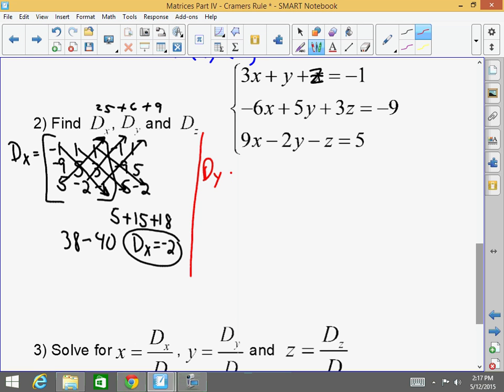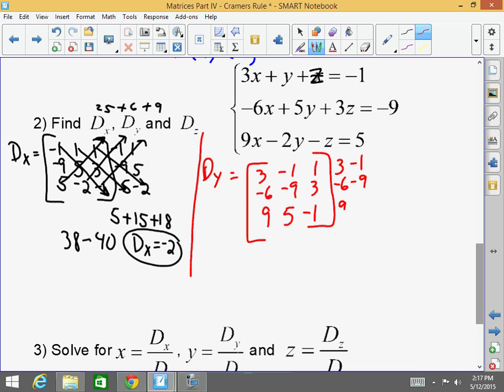So now I'm going to have 3, negative 6, 9. Instead of the coefficients of y, I'm going to replace it with negative 1, negative 9, 5. Keep the z coefficients, 1, 3, negative 1. Now put the first two columns here to make our lives a lot easier.